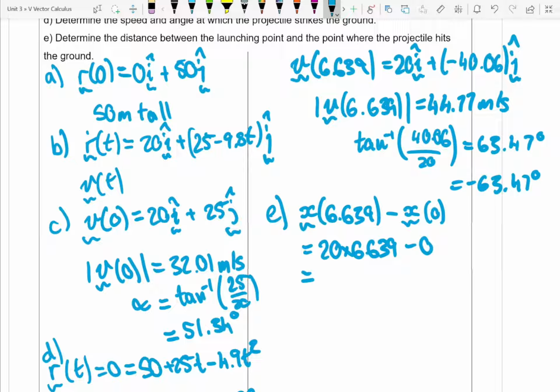The j component we answered in the first part, that's 50 meters tall. So 20 times 6.639 is 132.78 meters. That's the distance between the launching point and the point where the projectile hits the ground.